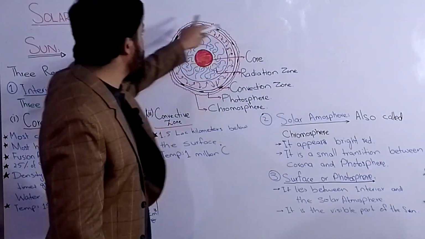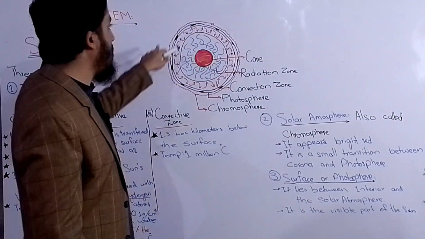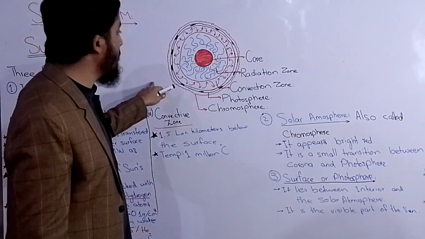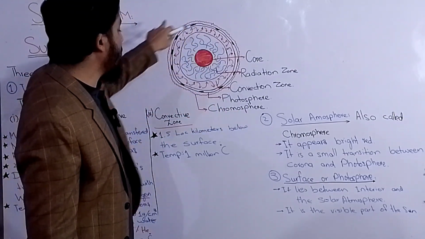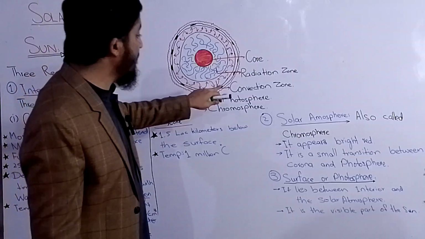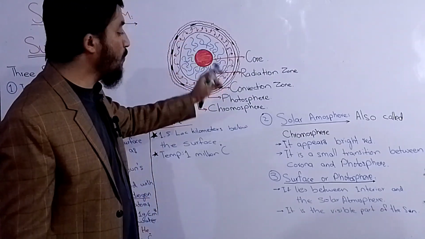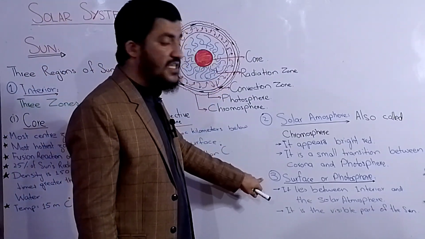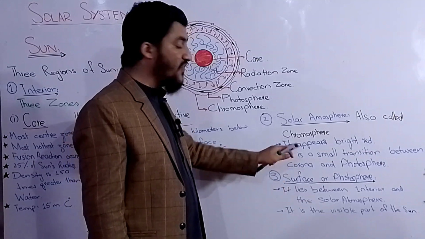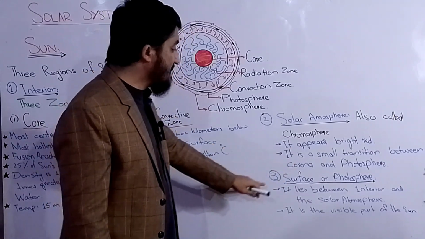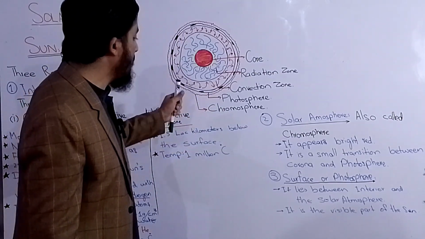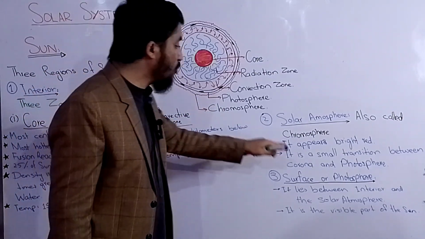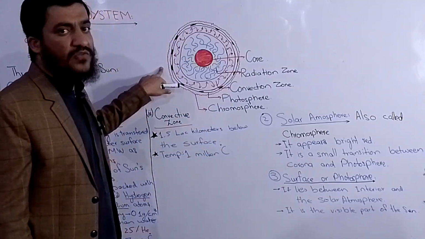The corona is the outermost region, or outermost atmosphere, of the sun. And then comes the third region, called the surface or the photosphere. It lies between the interior and the outermost solar atmosphere, and the photosphere is the visible region of the sun.